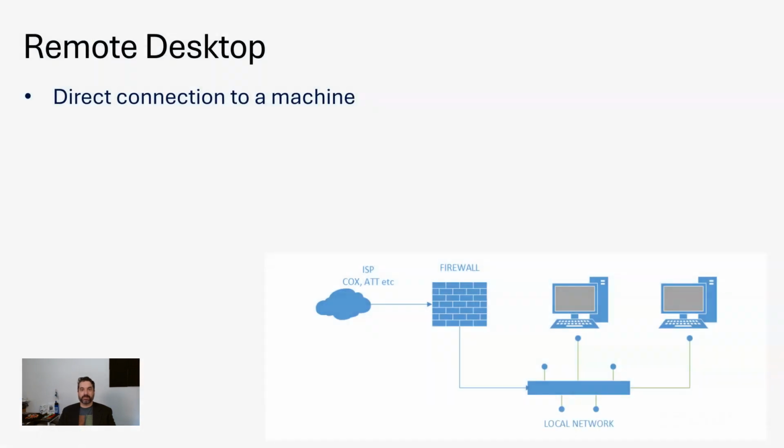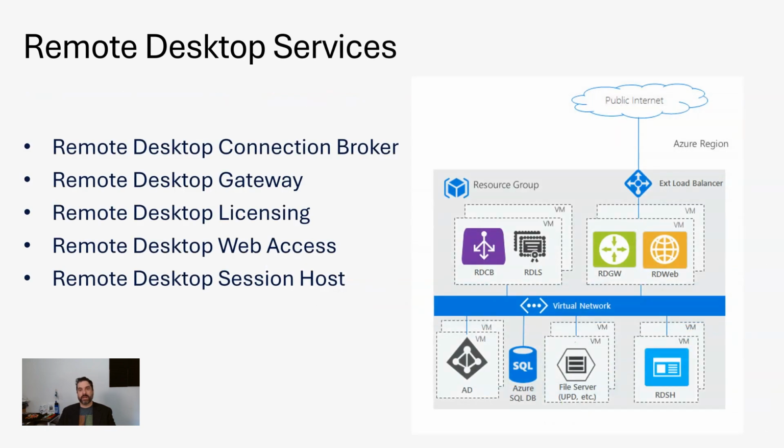So we refer here to the remote desktop traditional way, right? Which is, hey, you're in the cloud or at home, whatever location you are on the internet, and you want to access a full desktop hosted within a network with access to the resources you need. The most common implementation of that is remote desktop services or RDS.